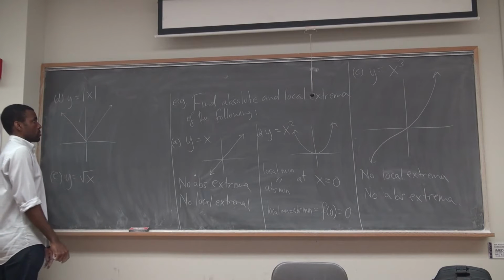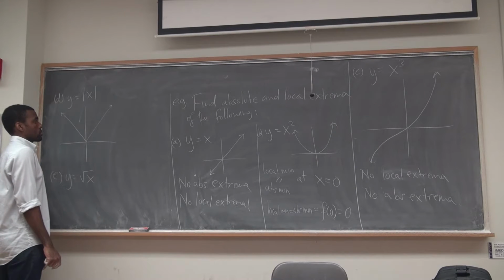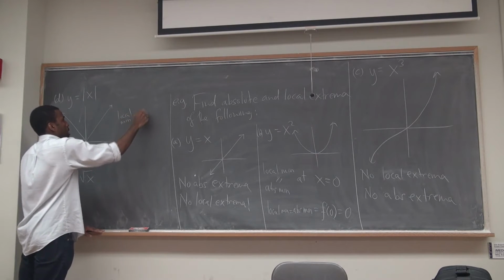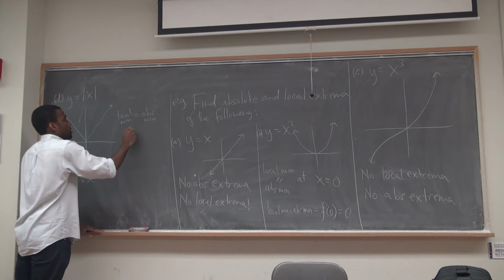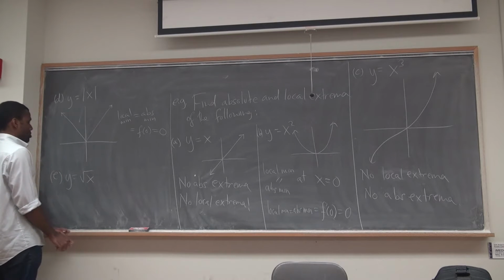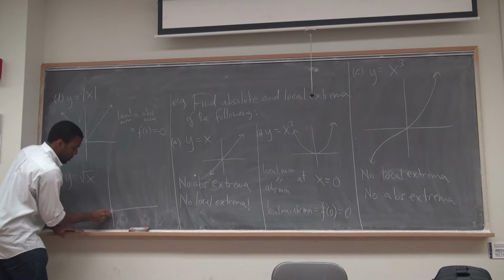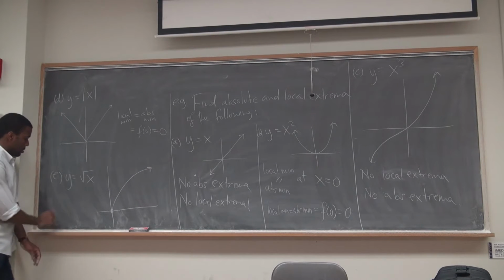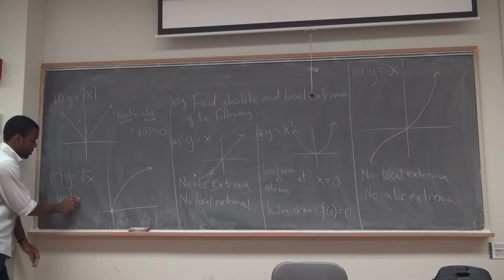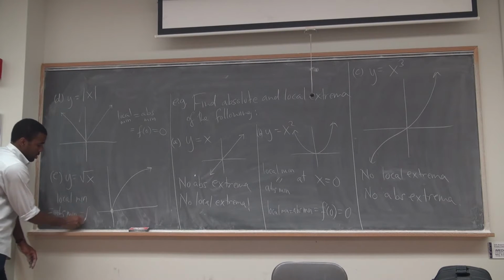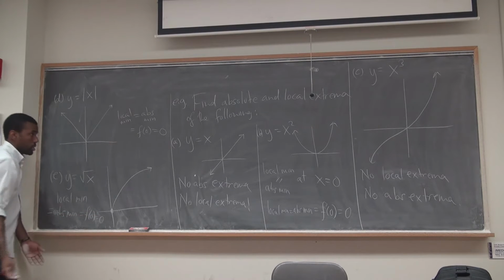It's the same as B, where there's only one local min at 0, and that's it. You have a local min, which is, by the way, also equal to the absolute min, which is f of 0 equals 0. This guy. No global maximum, but there's only one minimum, at 0. There's a local min and absolute min, f of 0 equals 0. That's my f of x.